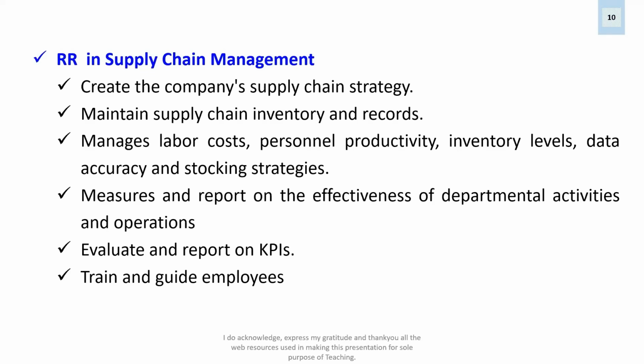Inventory levels, data accuracy. Inventory levels are very important. As I repetitively give this example, Japan works on just in time. It is not that it is their choice, like they like it. No, it's not like this. When we say inventory level just in time, it means when I need something today, I'll get it today.